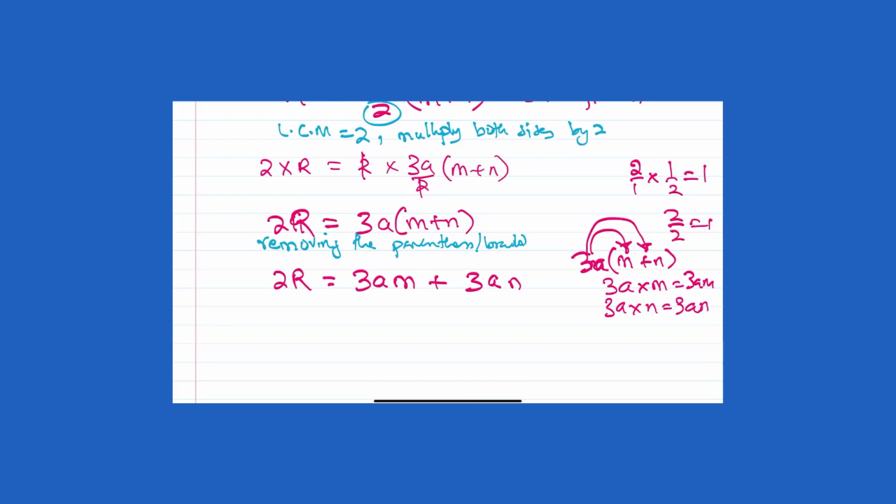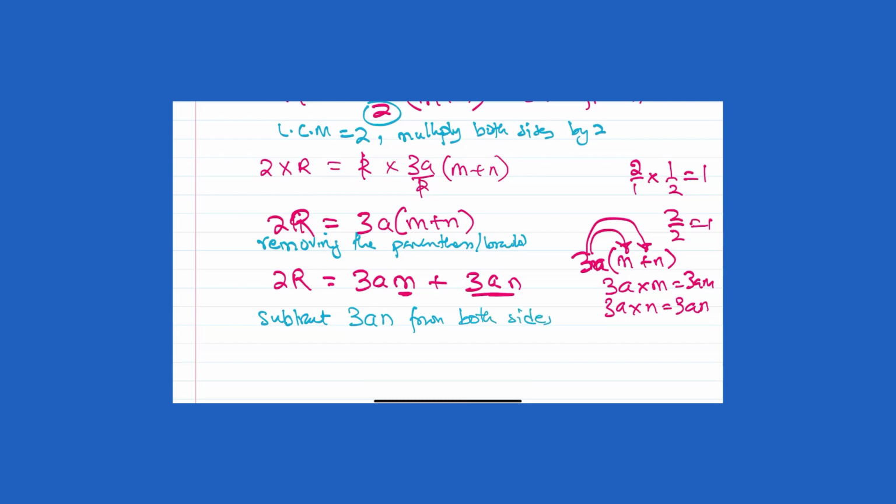Our goal is to isolate what we are looking for, which is m. So we want to isolate m. In that instance, we are going to subtract 3an from both sides.